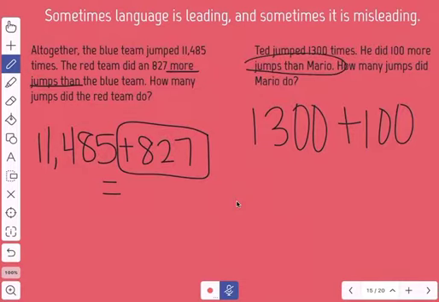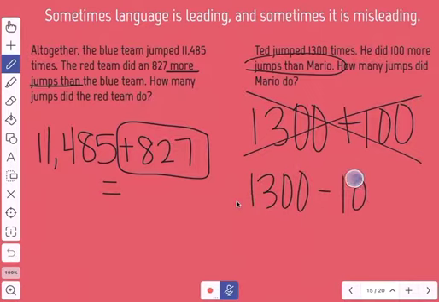In fact, Mario jumped less. So if I add that, it would be completely unreasonable. So that wouldn't work. To solve that problem, I'm actually going to subtract because Ted jumped more. So to figure out Mario, I have to subtract. So it would actually be 1,300 minus 100.